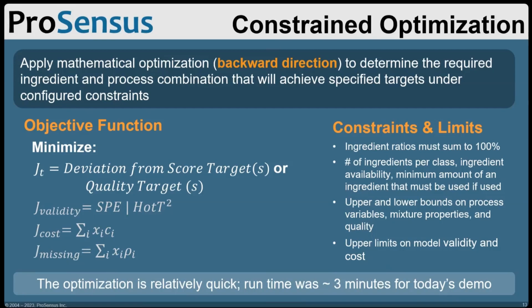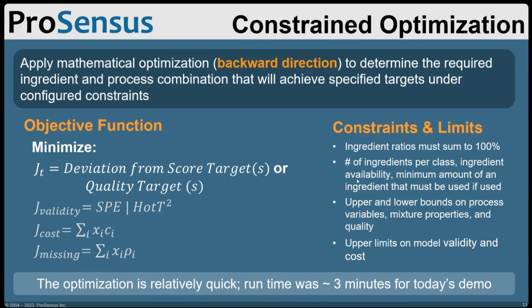The most important one is that you don't want to have a formulation where the ingredient ratios don't sum to 100%. So that's an important one that may seem simple, but actually in FormuSense, we allow the users to build any combination of models. And so that was in the background, that's a little more complex than you might think. We also limit the number of ingredients that we use in a class.